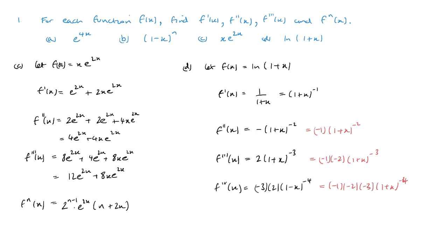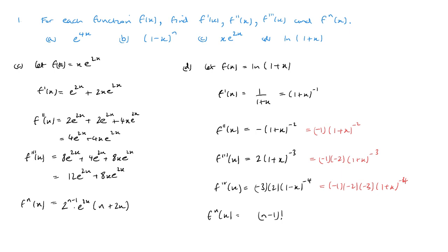So to find our f to the power n, the nth derivative, let's just say that. n is 4, n is 3, n is 2, n is 1. So this is 1 less than n factorial: n minus 1 factorial.